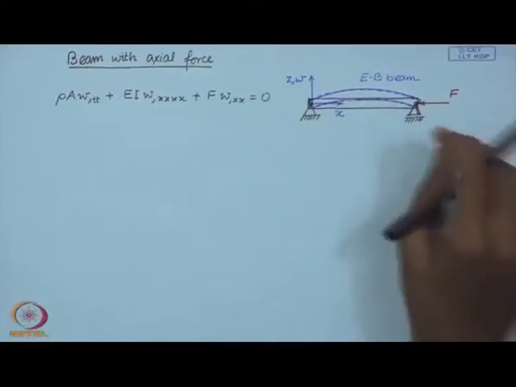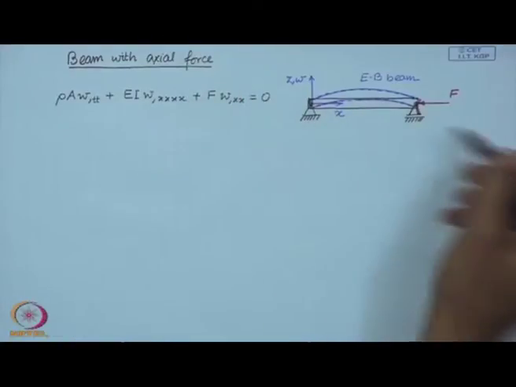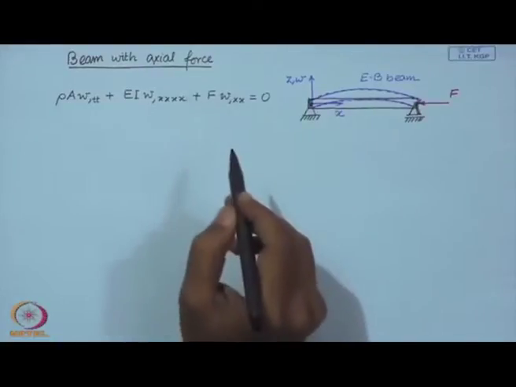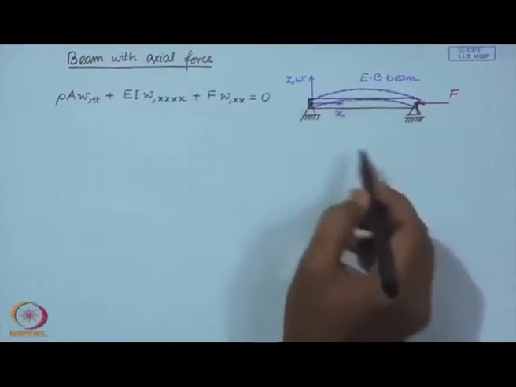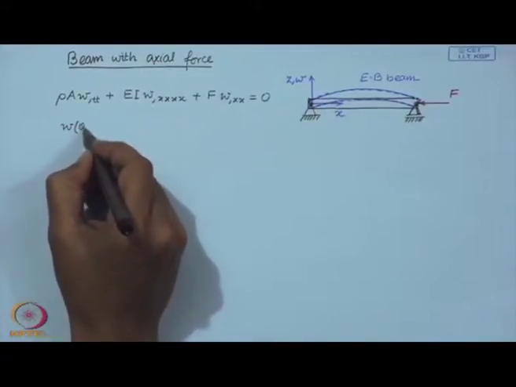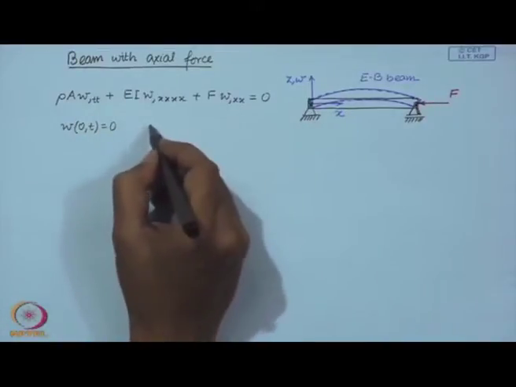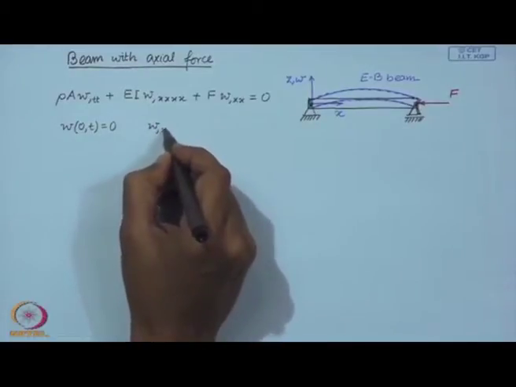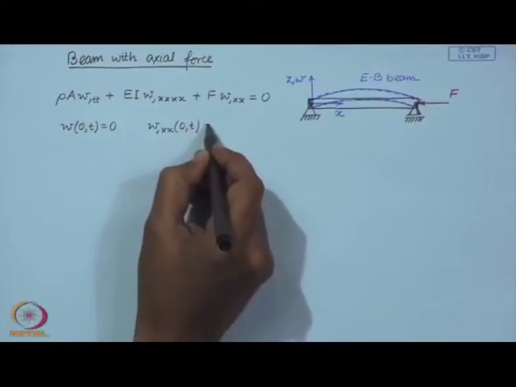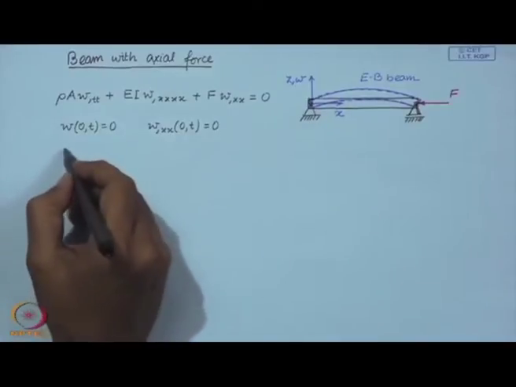In the case of strings, for example, the force is tensile, so this is with a negative sign. Now it is compressive, so this is the term because of the axial force. Now, the boundary conditions: the deflection and the bending moment at 0 and L must vanish.